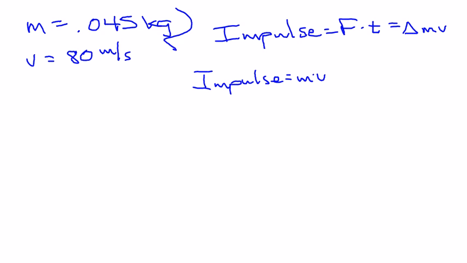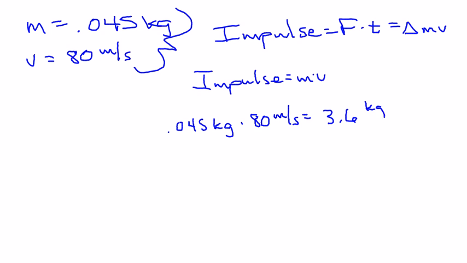All we have to do is take 0.045 kilograms times 80 meters per second, and that should give us an impulse of 3.6 kilogram meters per second.